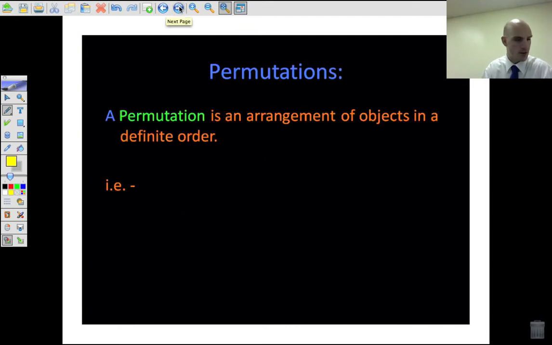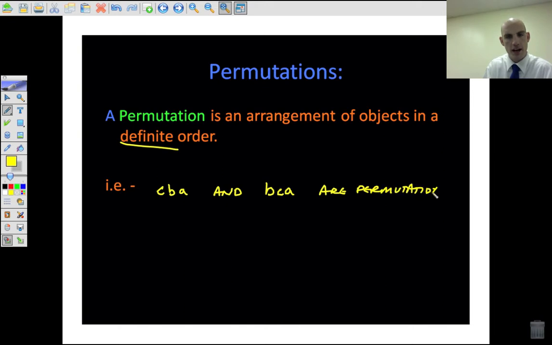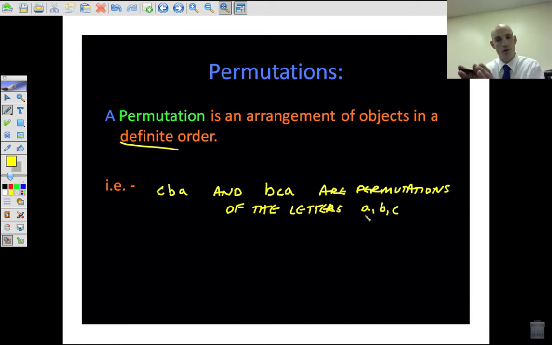A permutation. A permutation is an arrangement of objects in a definite order. Okay? And so the key here is the definite order. So for example, CBA and BCA are permutations of the letters A, B, C. They're distinct orders.